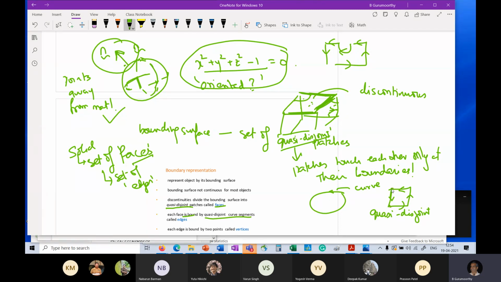The boundary of a curve is a point, and therefore the neighboring curves touch each other only at points. And lastly, each edge in turn is bound by two vertices, V1, V2. So I have V1, V2, V2, V3, V3, V4, V4. So that completes my representation of a solid.